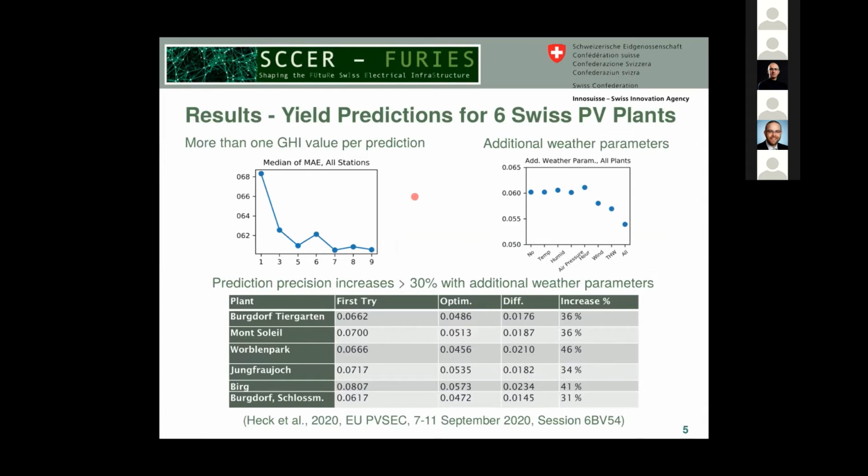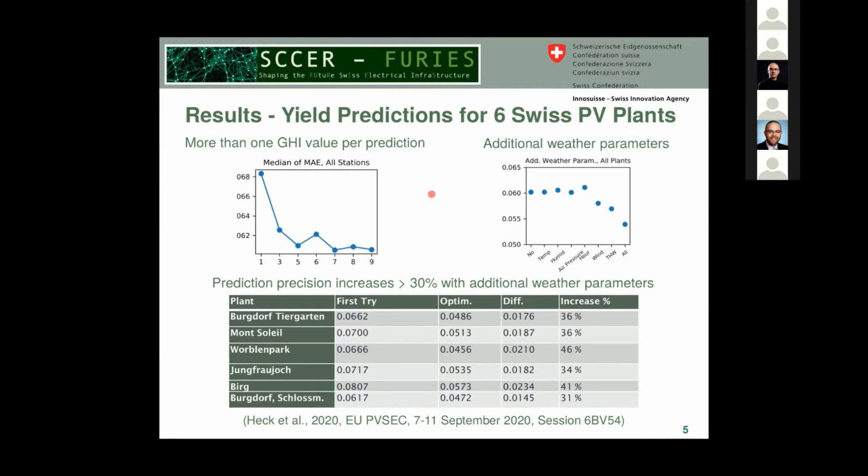One of our first experiments deals with the so-called temporal averaging, which means that we do not only give the actual GHI value to the algorithm, so that would correspond to the first point of this graph here.